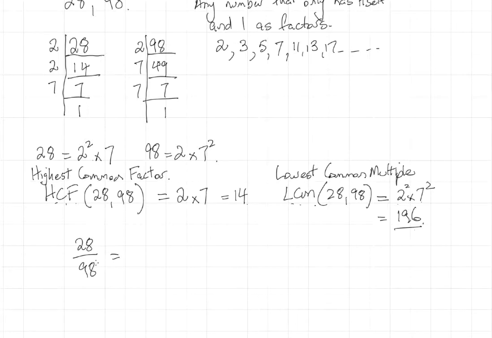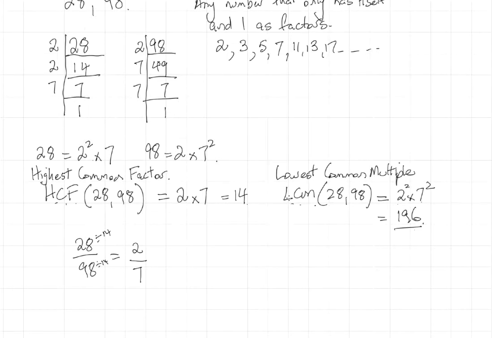So we would divide by the highest common factor to get straight to the fraction in its lowest form. If we divide both of these by 14, 14 into 28 goes 2, and 14 into 98 goes 7. So just dividing by the HCF, which is 14, we'll get 2 over 7.